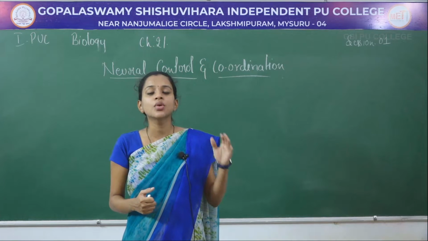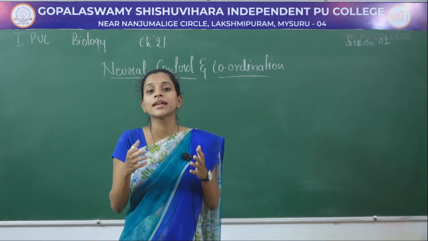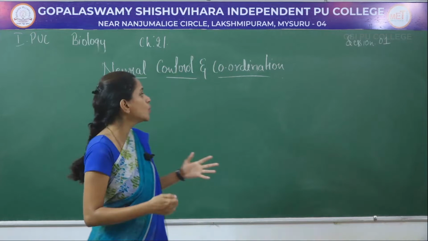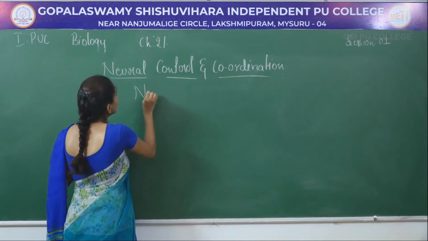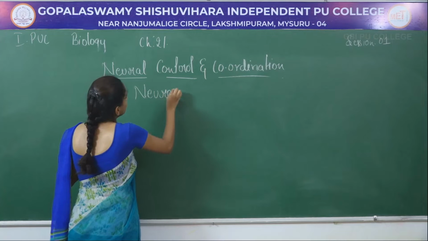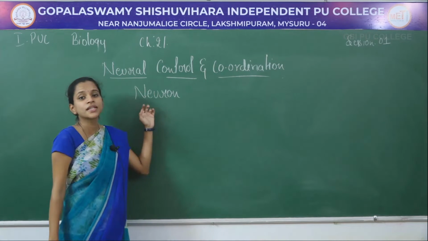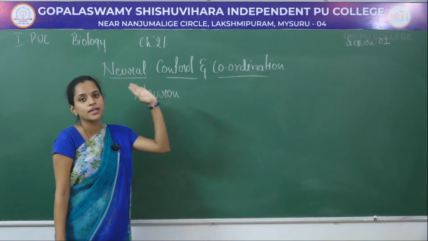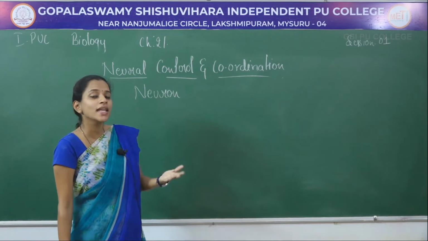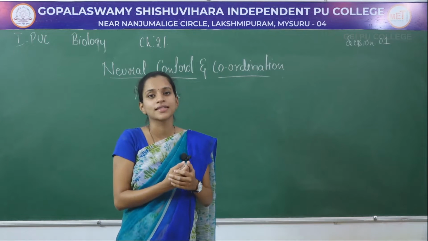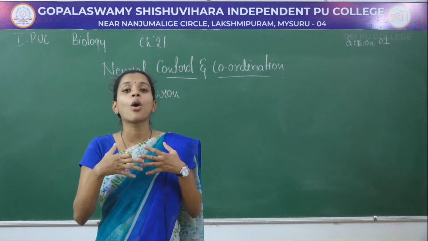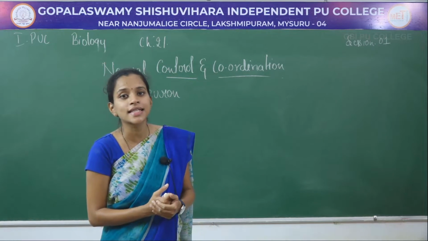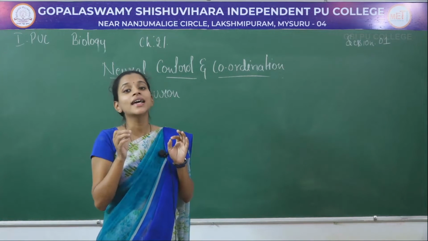Now when it comes to lower organisms and their nervous system, in human beings we have neuron cells which help in control and coordination, or in the formation of the human nervous system. Whereas invertebrates or smaller organisms do not have a complex nervous system. Instead, they have a brain and nerve cells.